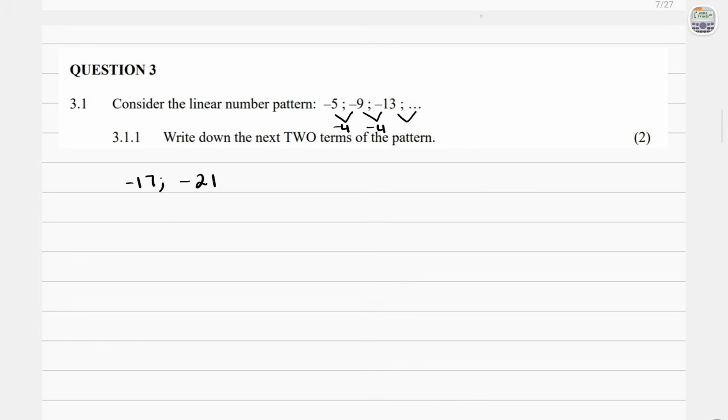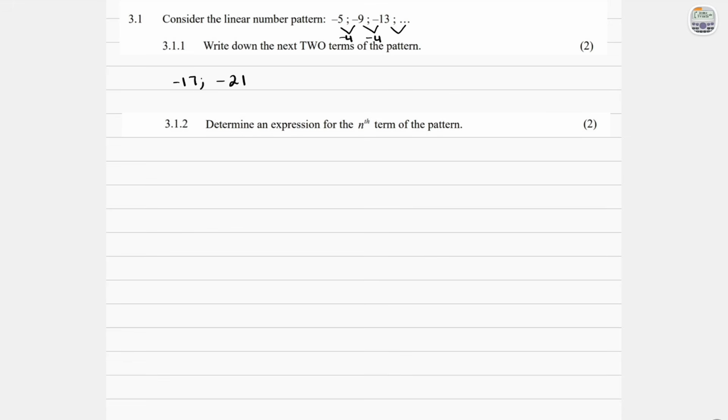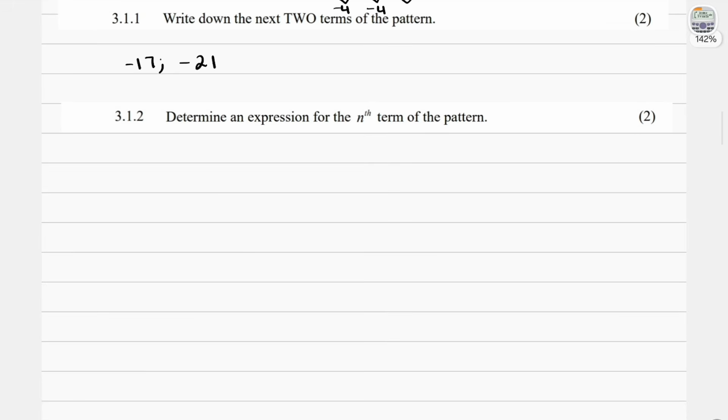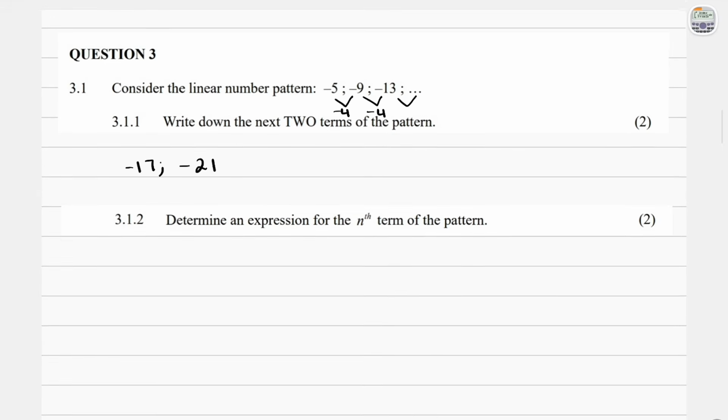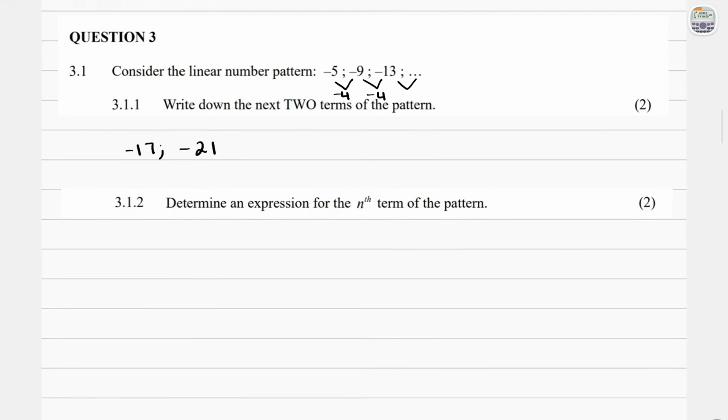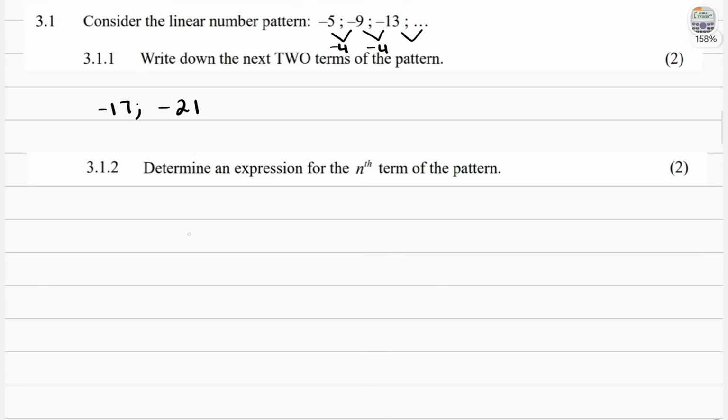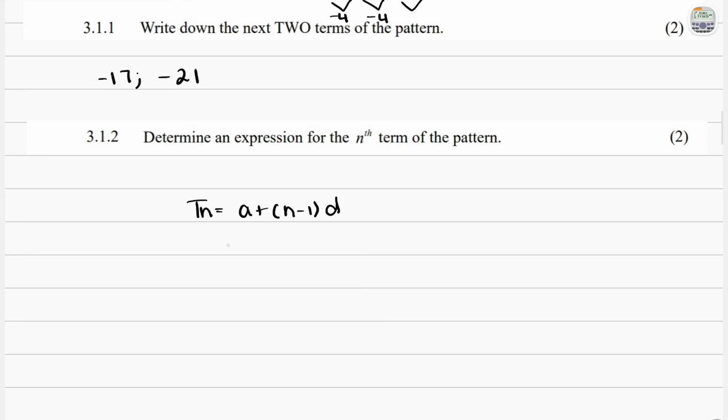Moving on to the next question. Question 3.1.2 says, determine an expression for the nth term of the number pattern. So we need a general term. It is linear, so you can use the formula Tn equals a plus (n minus 1) multiplied by d, where a is the first term and d is your constant difference.